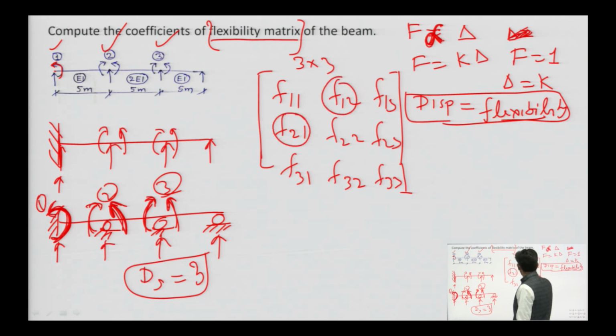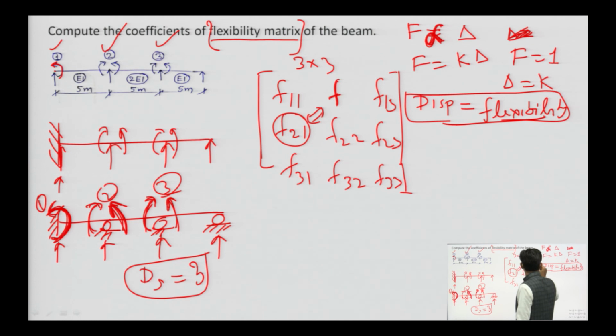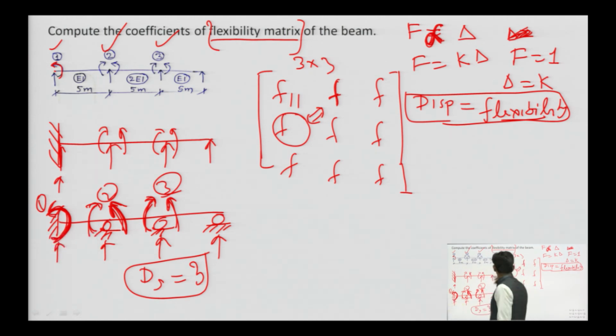And here, the coefficients are going to be the same, because F is the displacement at a joint. F11 is the displacement at 1 due to unit force at 1.